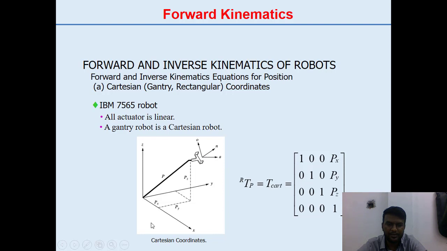And there is a base frame here, that is the xyz frame. We want to know the position of this tool in this frame with respect to the base frame. So what we need is just this matrix that will give us the xyz position. That is defined with the help of this matrix.